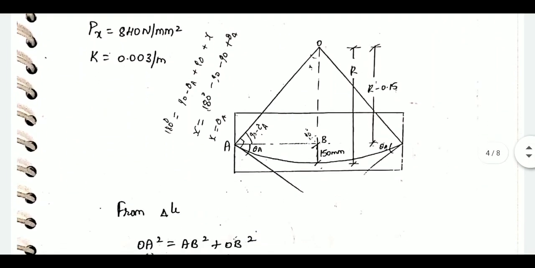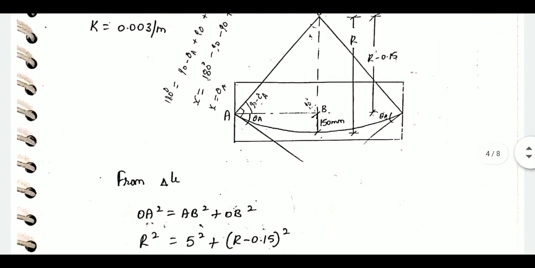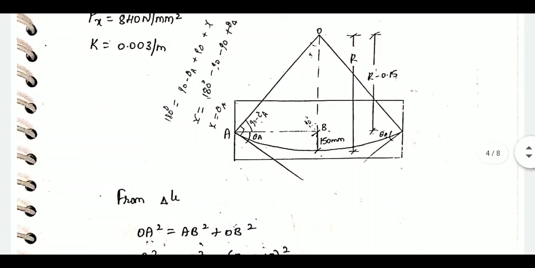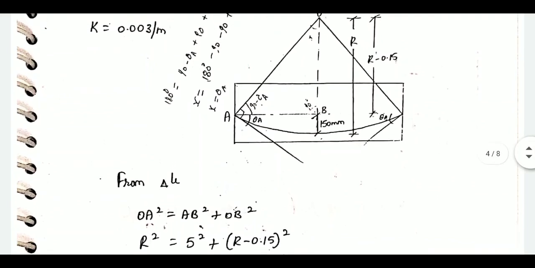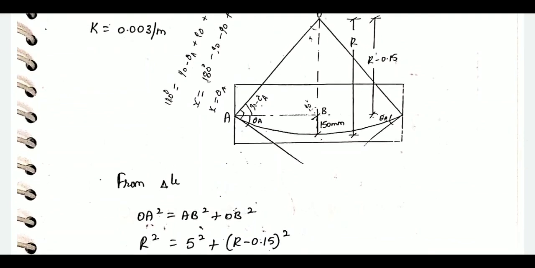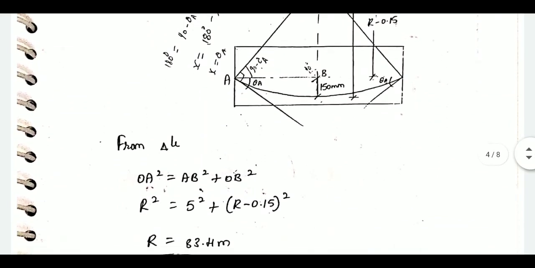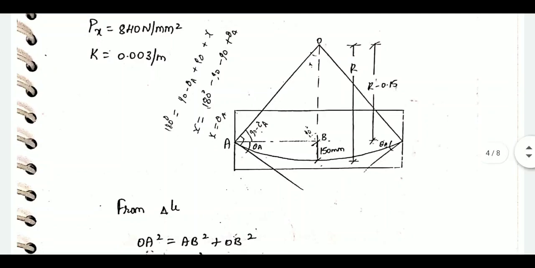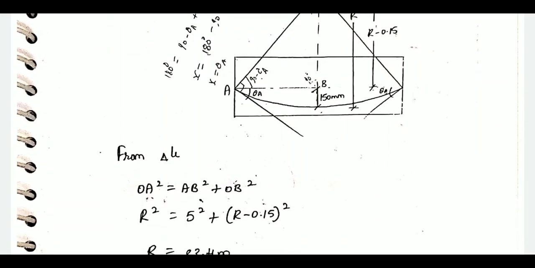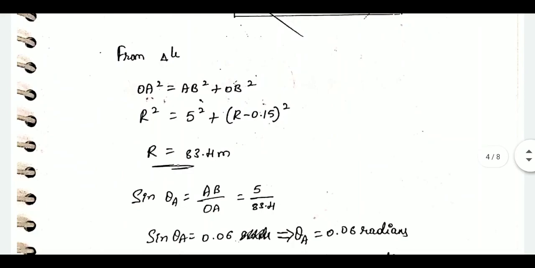So first we need to find out the slope. For that we need the radius of the cable, R value we need to find out. So from triangle OAB by Pythagoras theorem we can calculate this distance, and R minus 0.15 we can calculate, or the hypotenuse we can calculate, R square. R is 83.4.